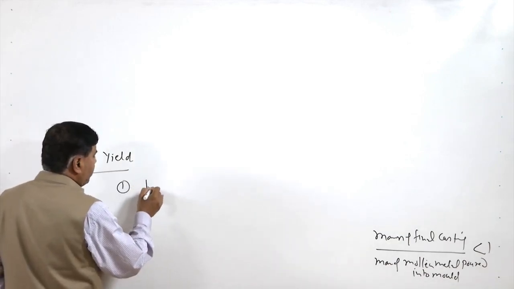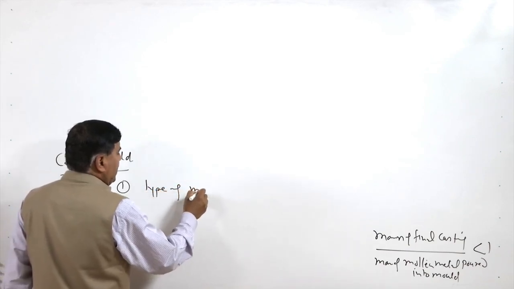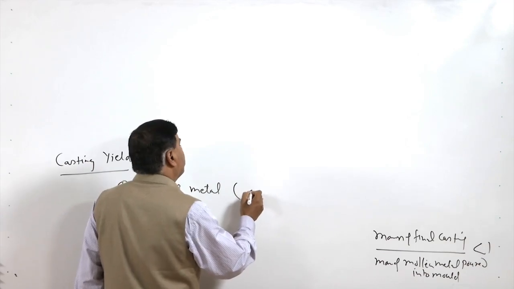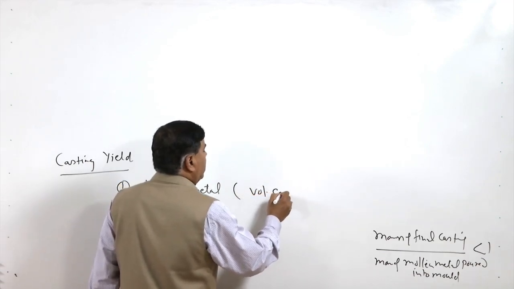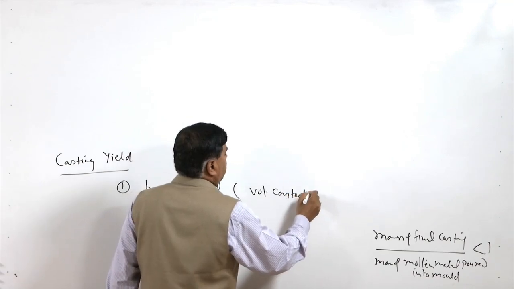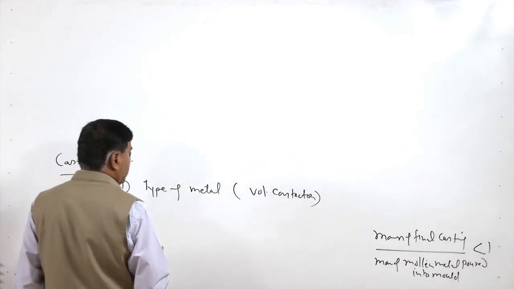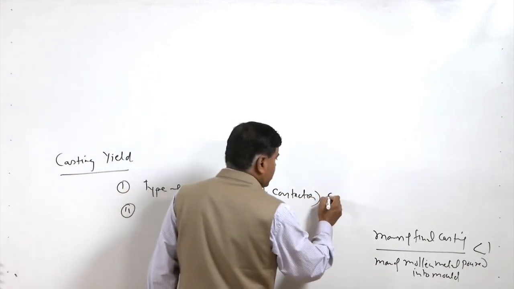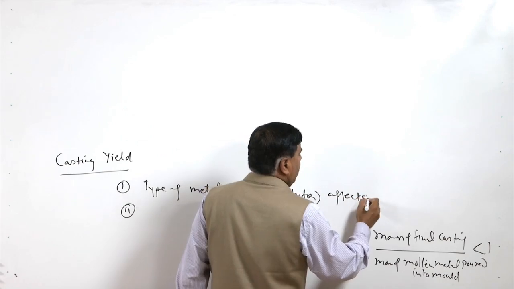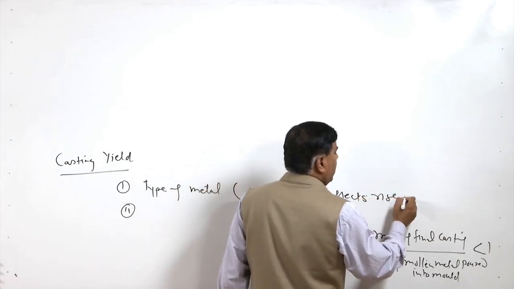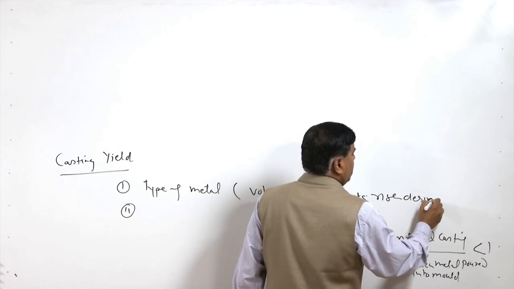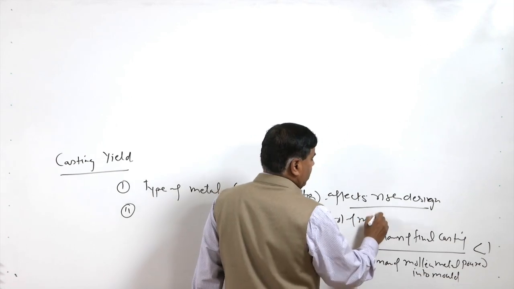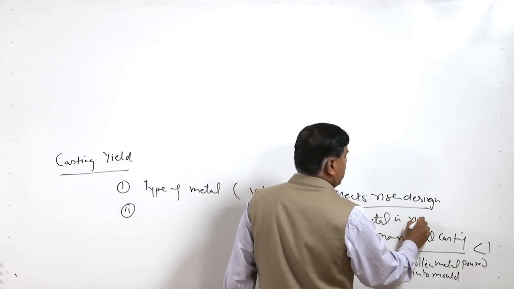One is the type of metal, and more precisely the volumetric contraction taking place in the metal being processed, because this affects the riser design, or we can say the volume of the metal needed in the riser.